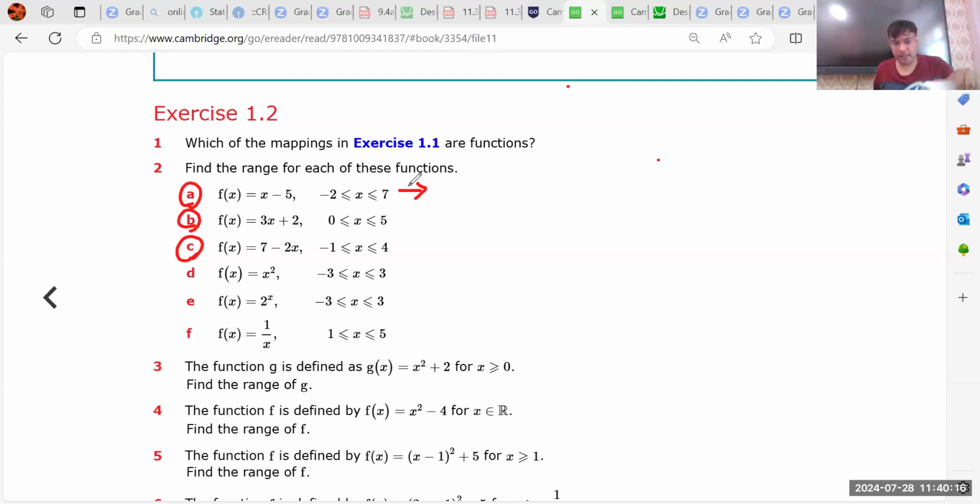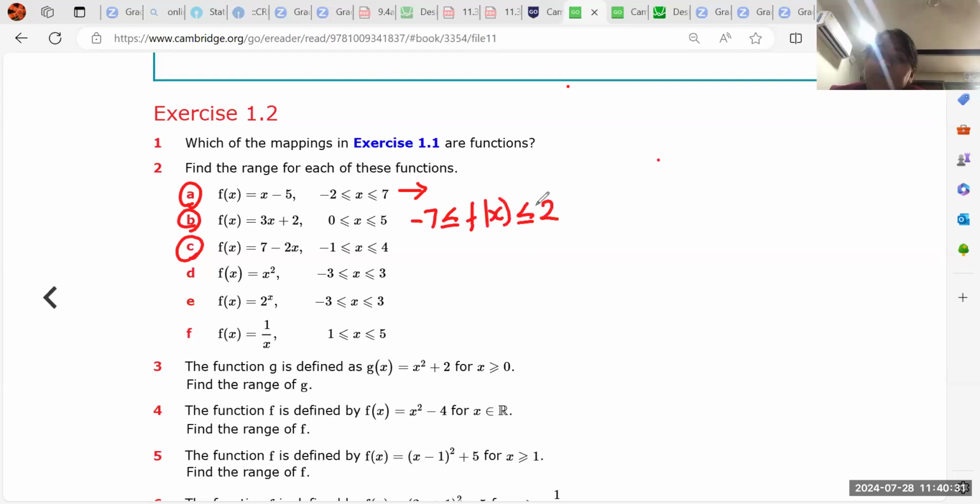ठीक है गाइस, do the next question. So Anvi it is -7 and 2. Yes, sir. I've sent the answer of B and C too. Okay fine.